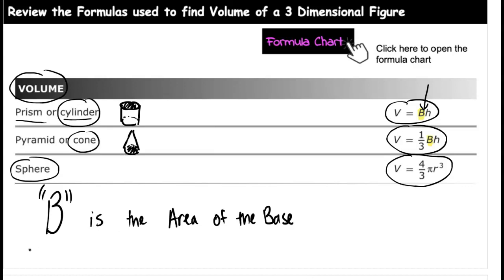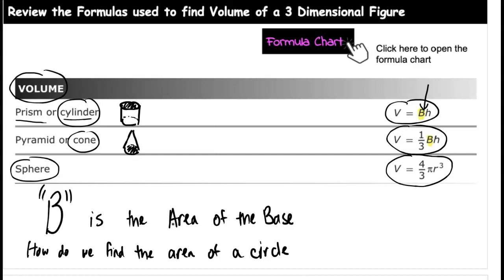So, how do we find the area of a circle? After all, the bases of a cylinder are circles. The base of the cone is a circle.